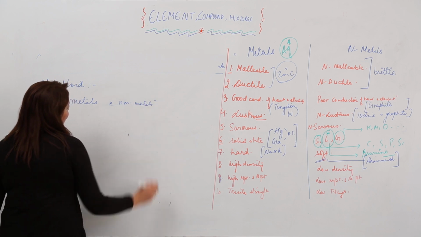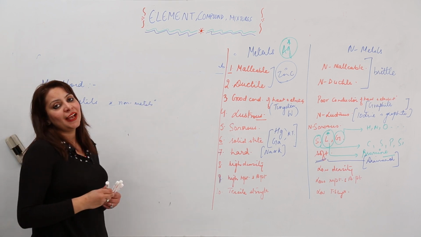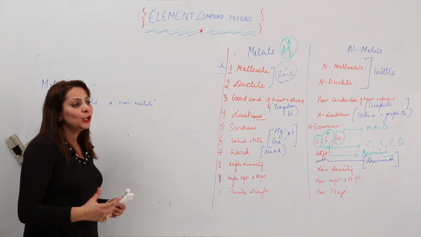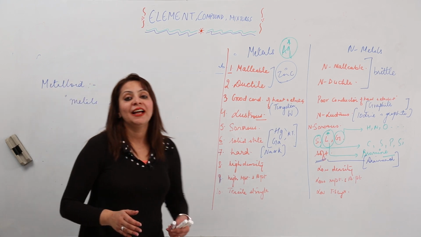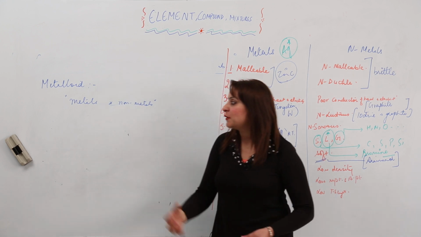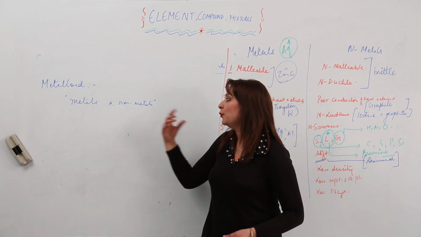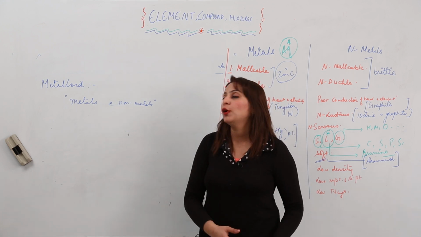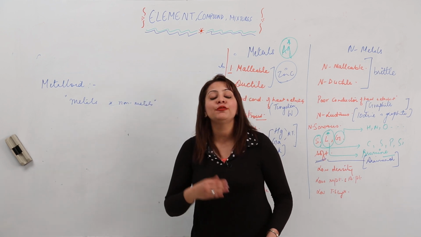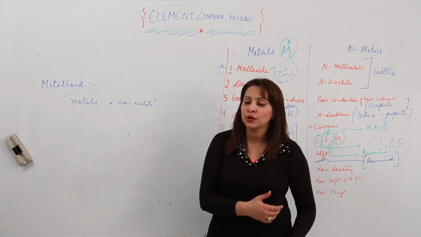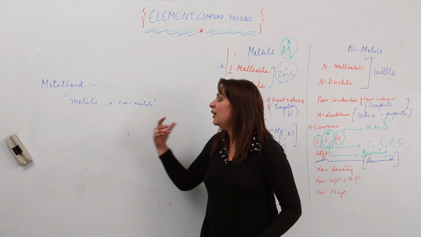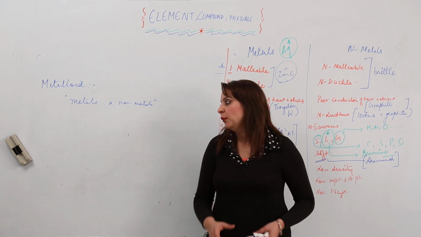Now the question must be arising in your mind, how can an element have the properties of metals and non-metals? So I just want to clarify that they don't exhibit all properties of metals or all properties of non-metals. A few properties resemble metals and a few properties resemble non-metals. Or we can say they show a midway between the metals and the non-metals.